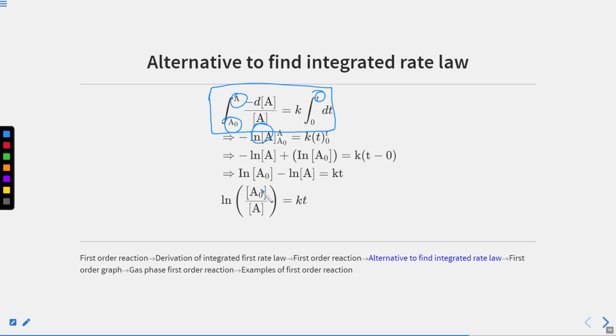Next, we are introducing this minus sign, that would give us ln A naught minus ln A. So we have ln A minus ln A naught along with a negative sign.